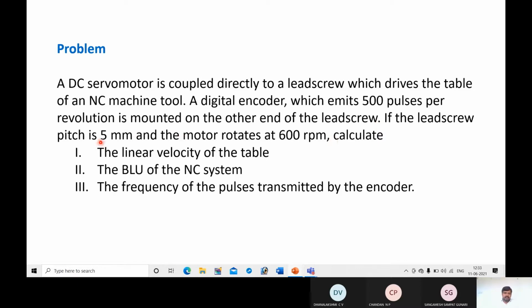If the lead screw pitch is 5 mm and the motor rotates at 600 rpm, calculate the linear velocity of the table, the basic length unit of the NC system, and the frequency of the pulses transmitted by the encoder. Read the problem, solve it and give the answer.